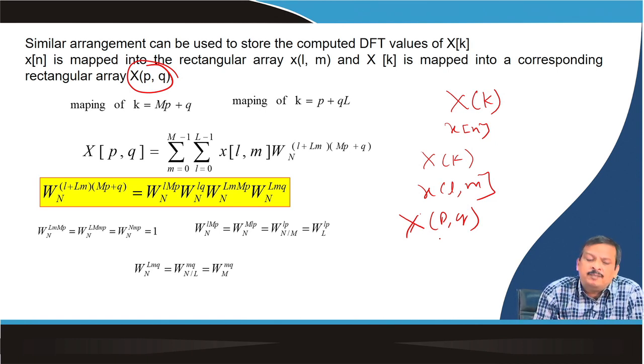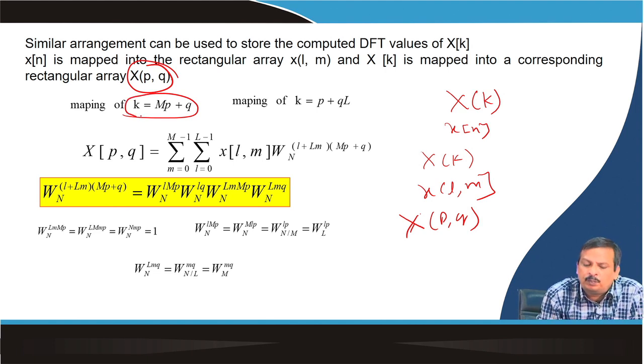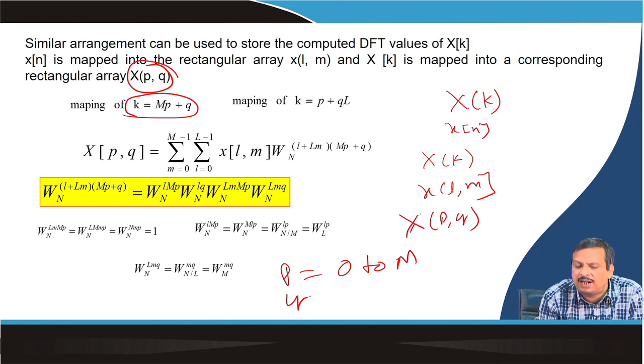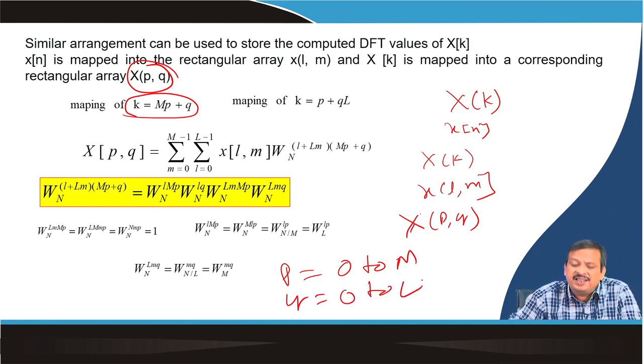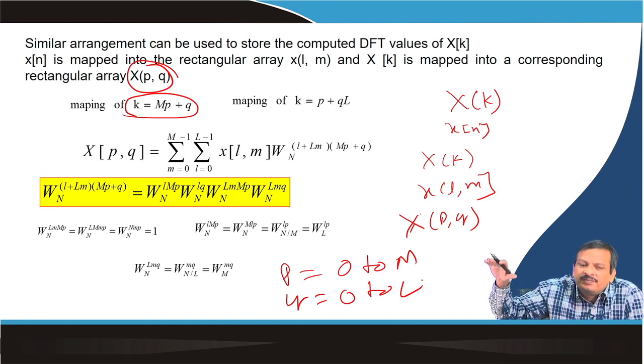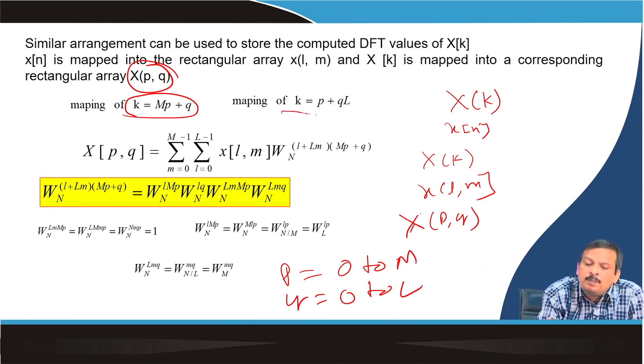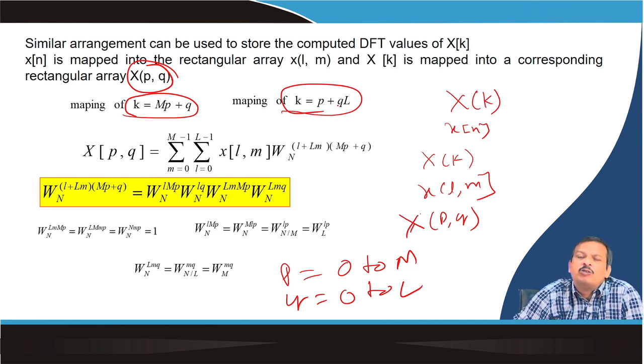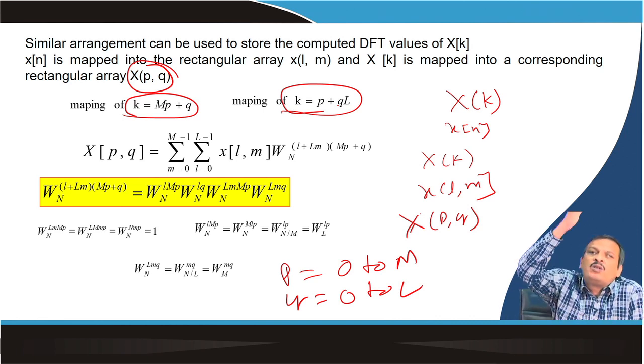Again I can say that if k equals mp plus q, so p varies from 0 to m and q varies from 0 to L. So, if it is mp plus q, that means output is stored row wise, and when k equals p plus qL, output is stored column wise.